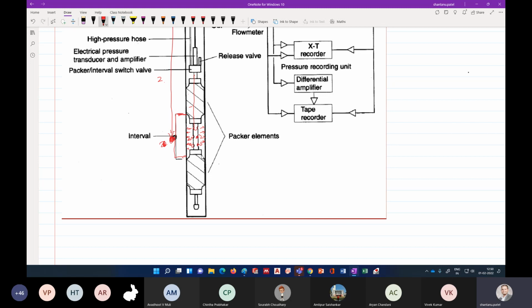The packer is designed so that it is not going to move up, it will stay there. You keep on increasing your pressure so that some fracture develops in the rock, because when this pressure becomes too high, it develops a fracture. This fracture goes in one plane, this whole thing will open, and the rock will be separated.